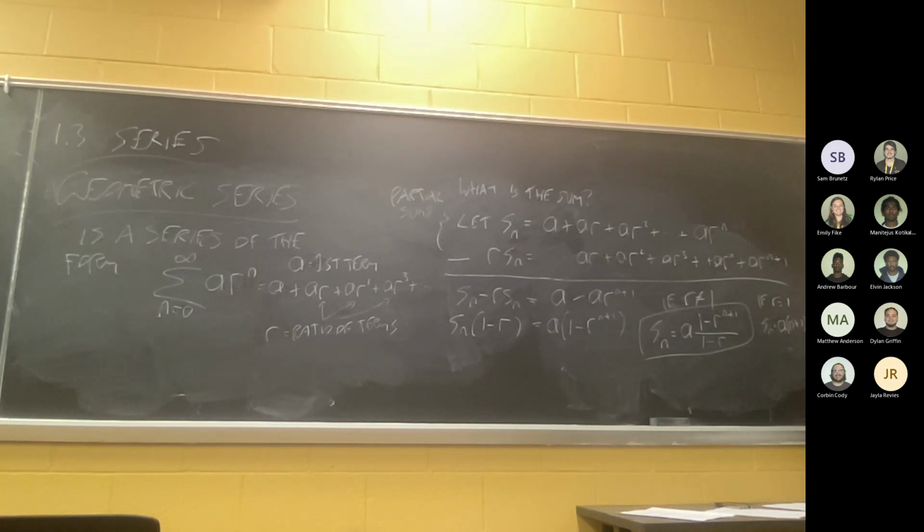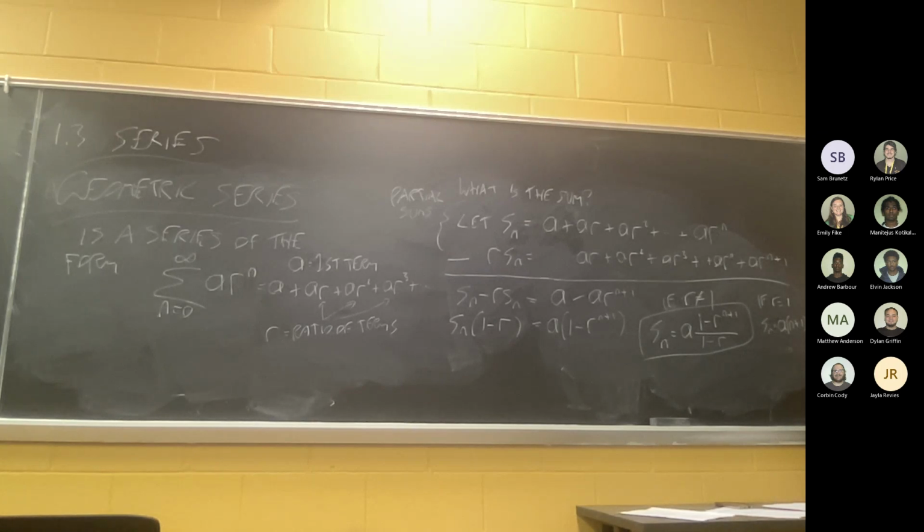Now, we need to see what happens to this expression as n goes to infinity. The only part of this that even depends on n is the R to the n plus 1. What is going to happen to this as n goes to infinity?